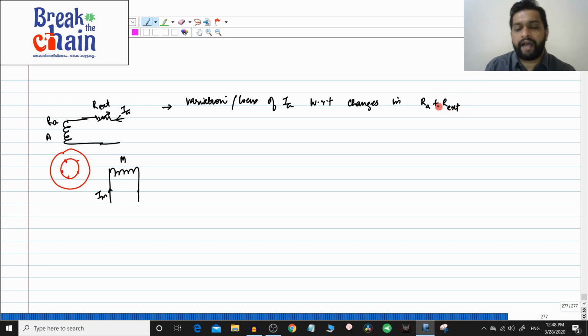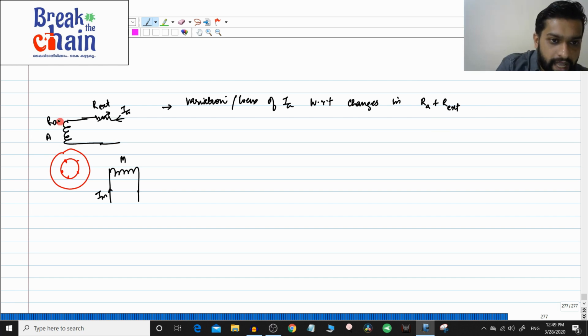That means when R external, you are going to vary it from one value to different value. So with the changes in value of RA plus R external, from RA plus R external 0 to RA plus R external to infinity, we are going to see the variation. Okay, so that is the basic idea.